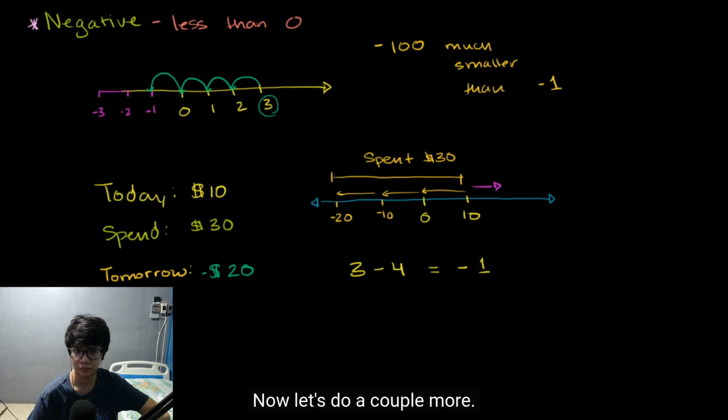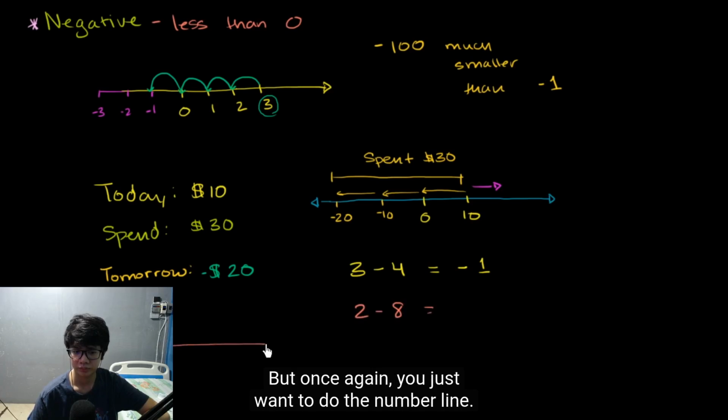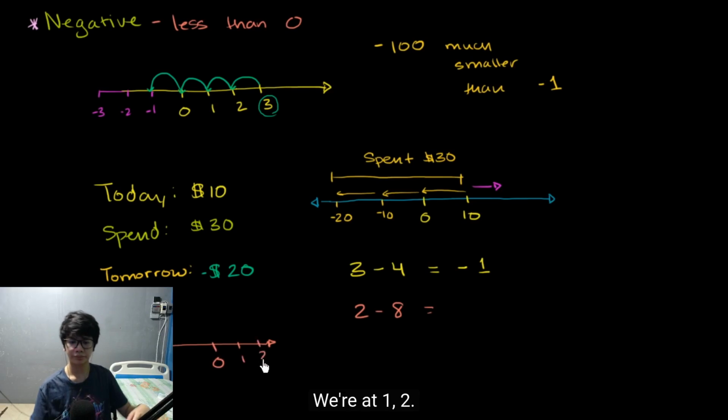Now let's do a couple more. Let's say I have 2 minus 8. And we'll think about more ways to do this in future videos. But once again, you just want to do the number line. You have a 0 here. We're at 1, 2.